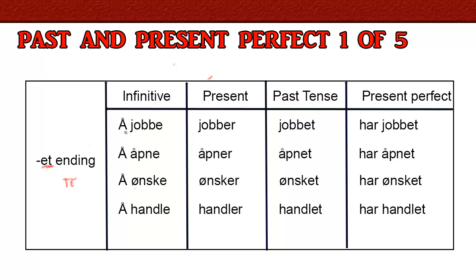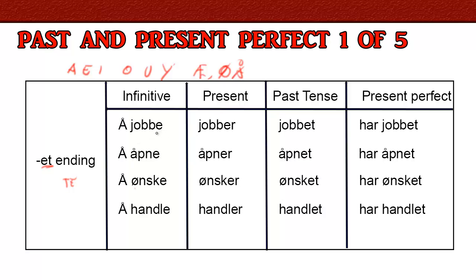So as a rule of thumb, take the vowels in Norwegian, which are A, E, I, O, U, Y, Æ, Ø, Å.